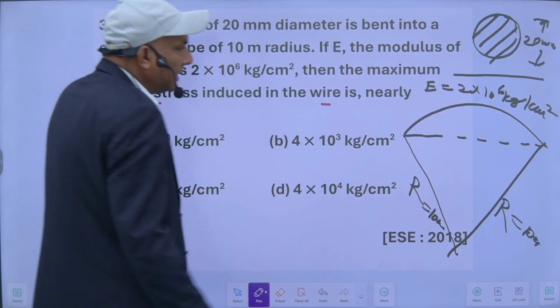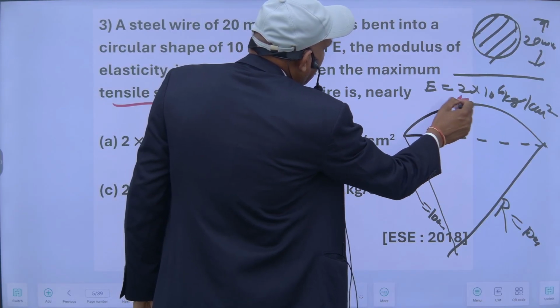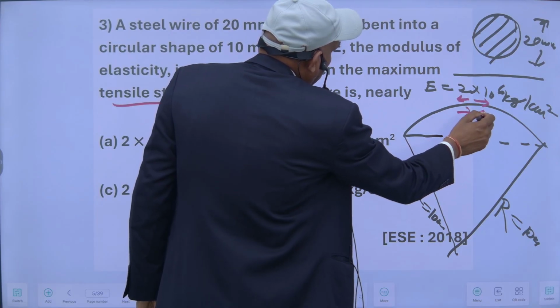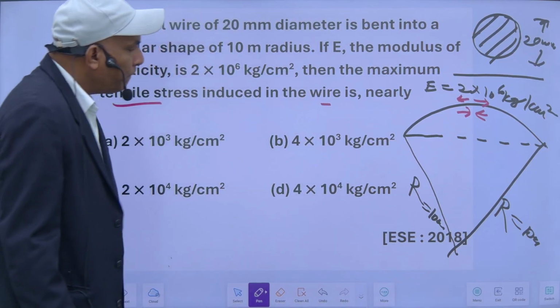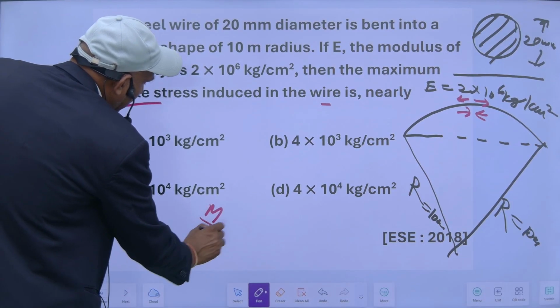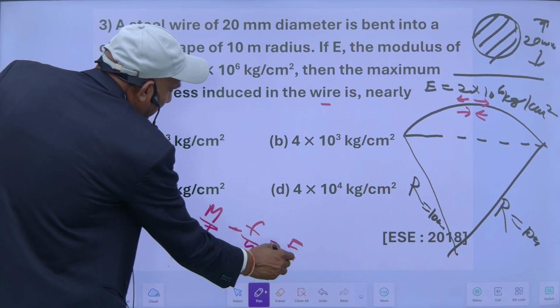Maximum tensile stress will be developed on the top fiber. It will be tensile here, and the bottom will be compressive. So what is the bending formula? M upon I is equal to F upon Y is equal to E upon R.